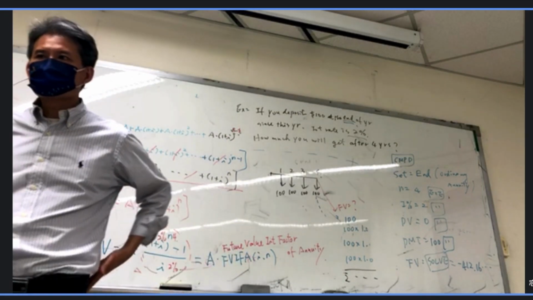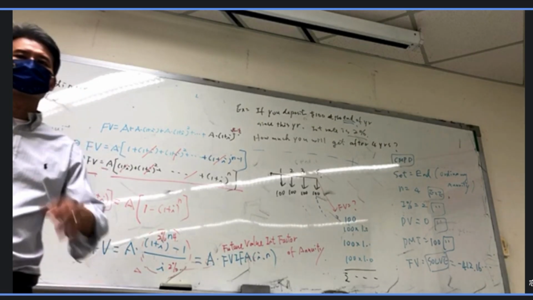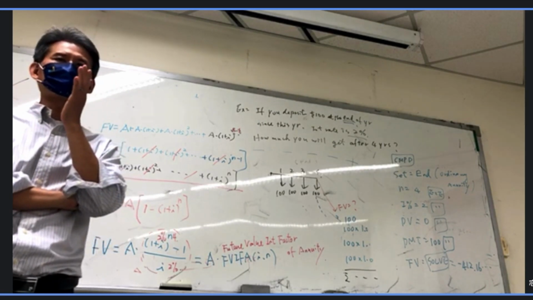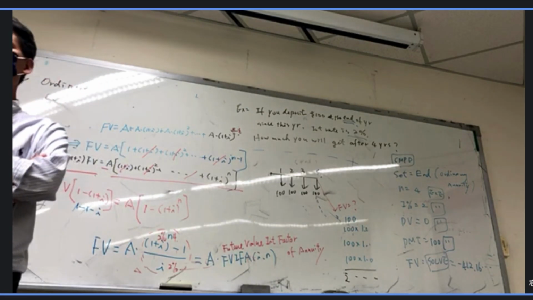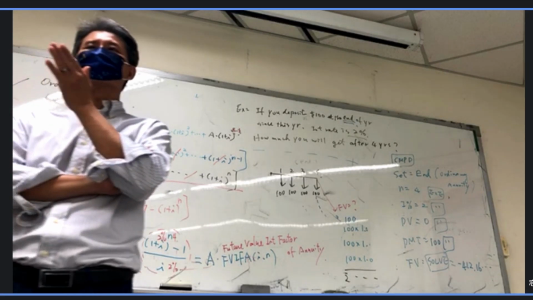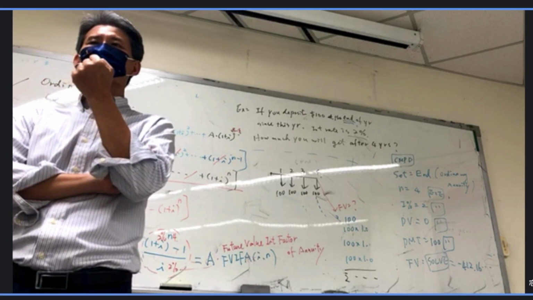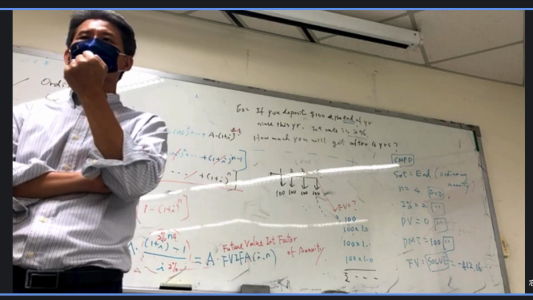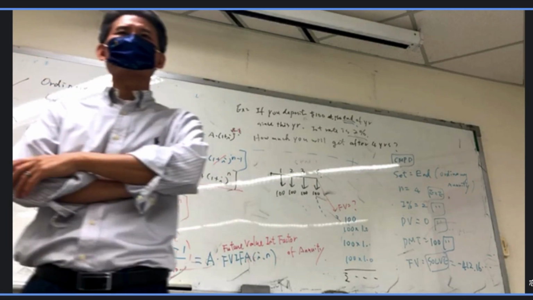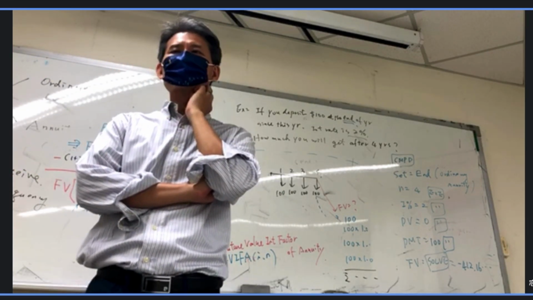Okay. So this is the annuity, to find future value. Now we know present value versus future value, and future value versus annuity. I'll let you practice for this coming week.